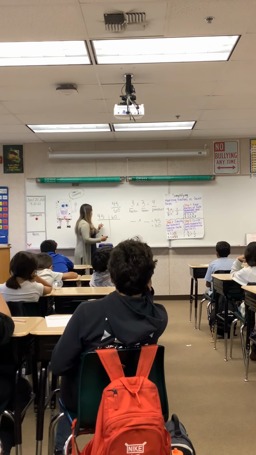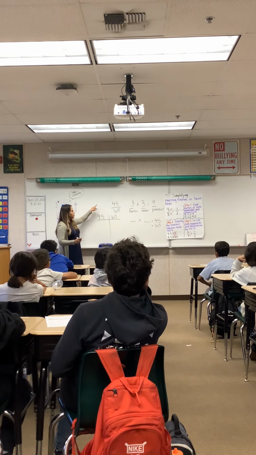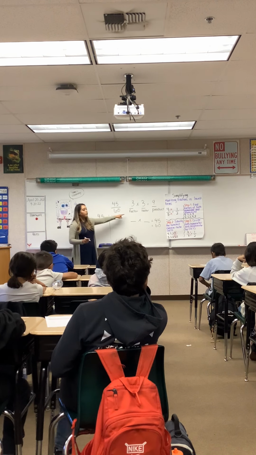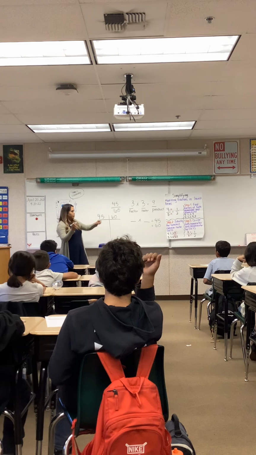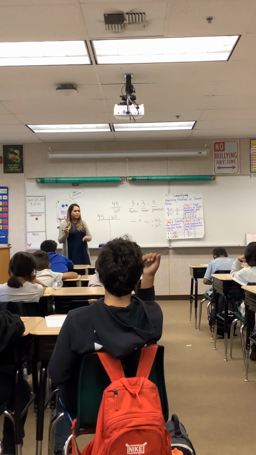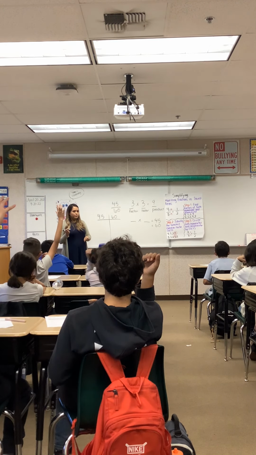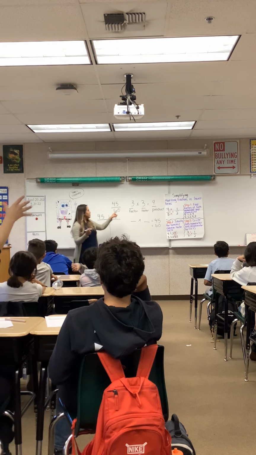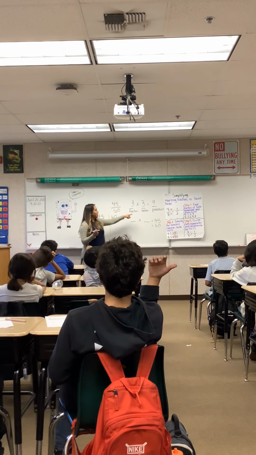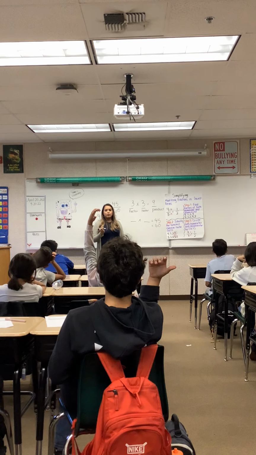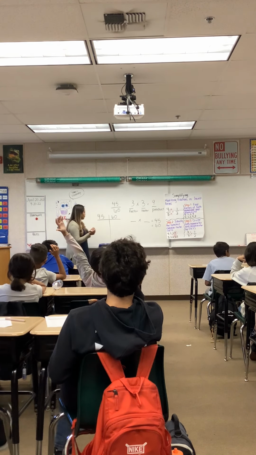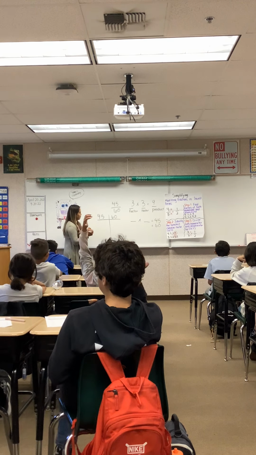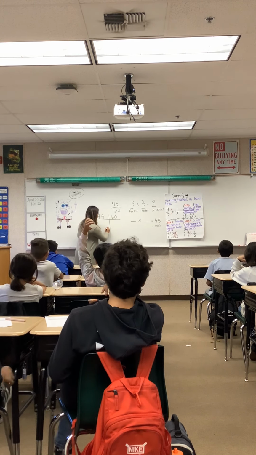So, which two numbers equal 45? Which two factors equal 45? Nolan. 2. Does 2 go into 45? 5 goes into 45. So, 2 is not a factor. Roberta, what is it? 5. 5 times what equals 45? 9. 5 and 9.